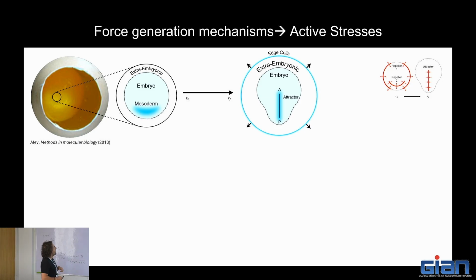At the final time, that's what happens to the embryo. These cells are moving outward because they are crawling on a substrate. The extraembryonic tissue expands. You see there is an expansion here. The embryonic tissue transforms into a pear shape, and the mesoderm goes to the attractor and internalizes.